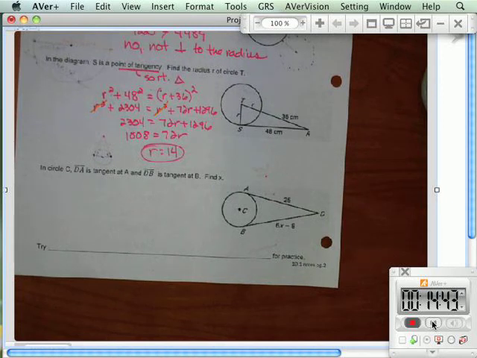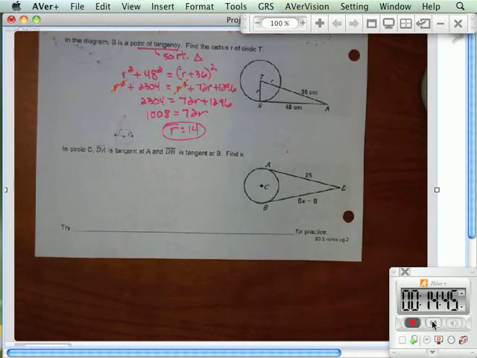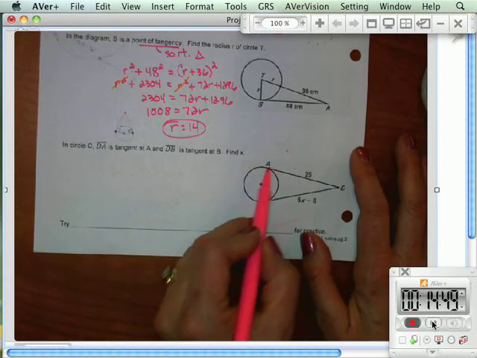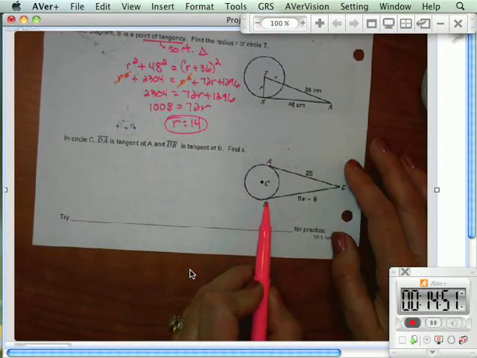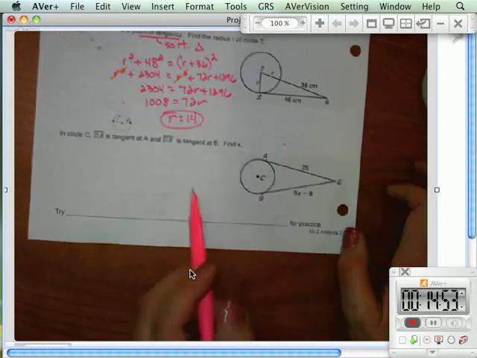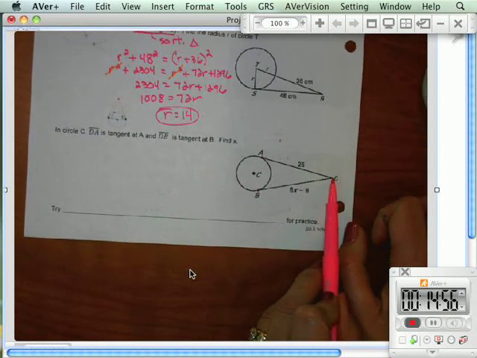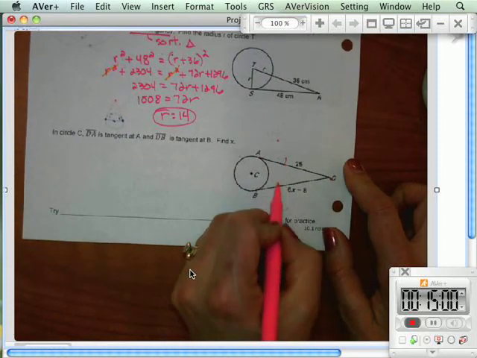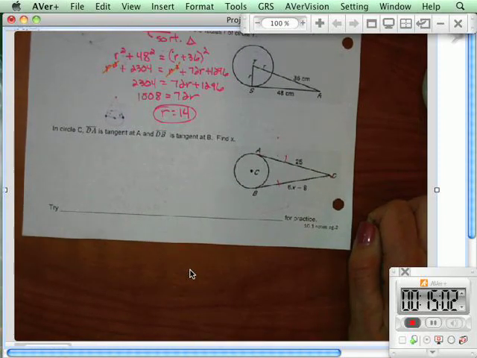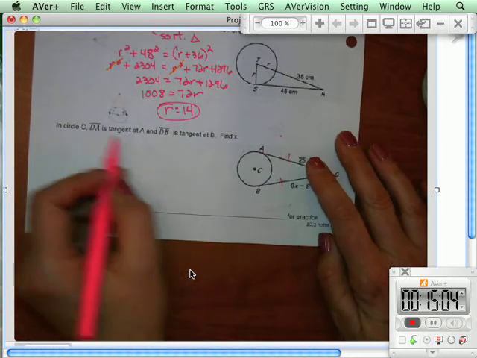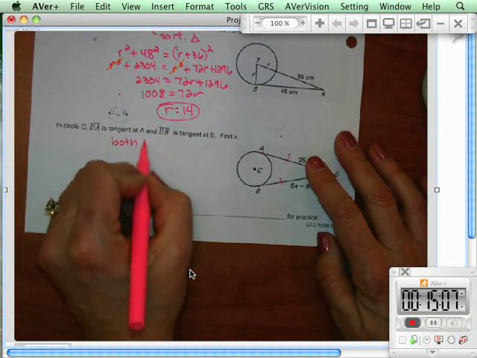So, okay, in circle C, segment DA is tangent at A and DB is tangent at B. They're both tangent, and they're coming from the same point, which means that they are congruent. So we can just say both tangent. I'm going to write it down.